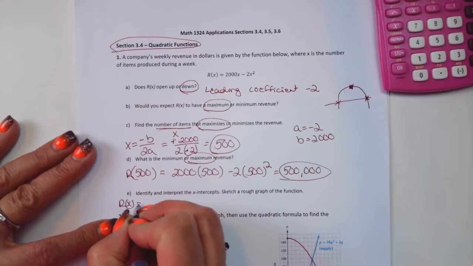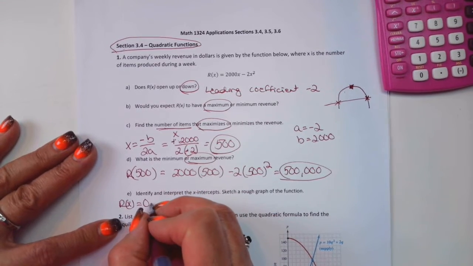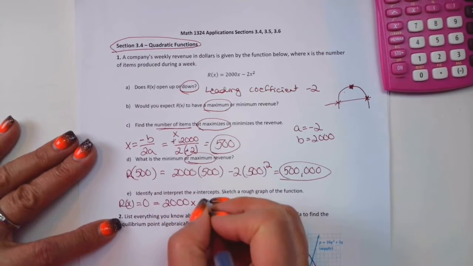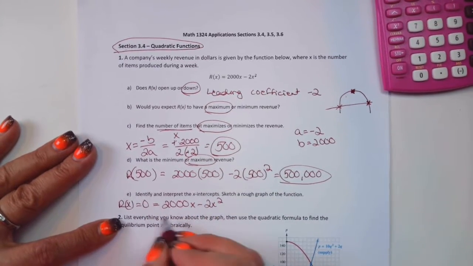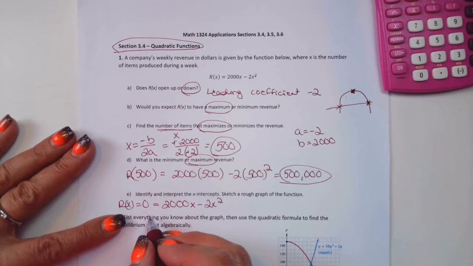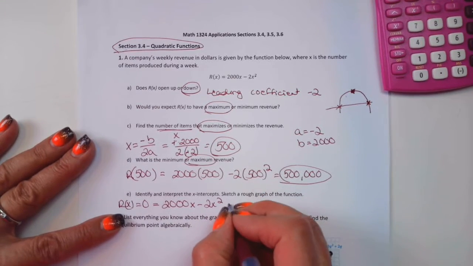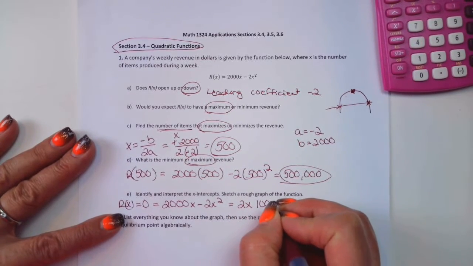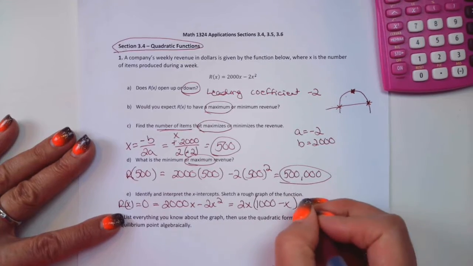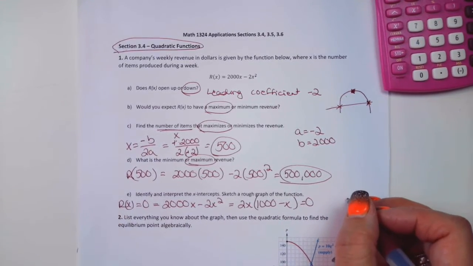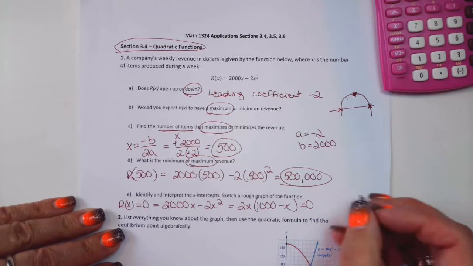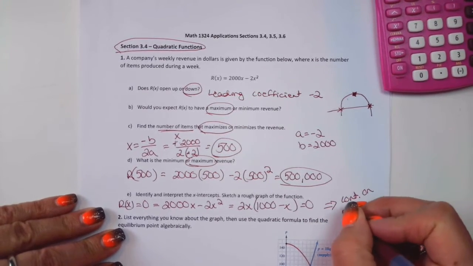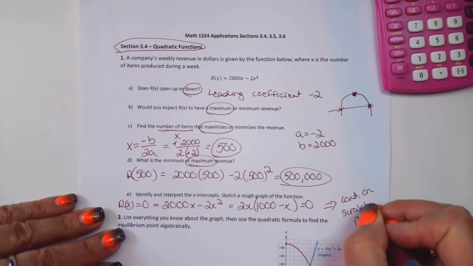So R of x, we're going to set that to equal 0, which means 2000x minus 2x squared equals 0. I'm going to take out the greatest common factor, which would be 2x. So I have 1000 minus x as the other one, and that is set to equal 0. And I'm going to need more room on this one, so I'm going to continue on my scratch paper.